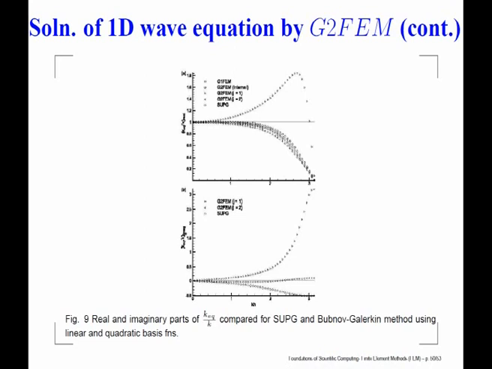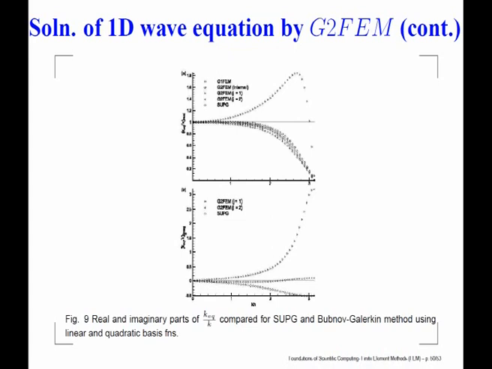And for J equal to 1, for G2 FEM, you get a very large instability, right, because of the quadratic nature. Whereas at the second point, the instability comes down, but still it is in the larger range of K. Whereas SUPG, as I explained to you earlier also, gives rise to massive dissipation.